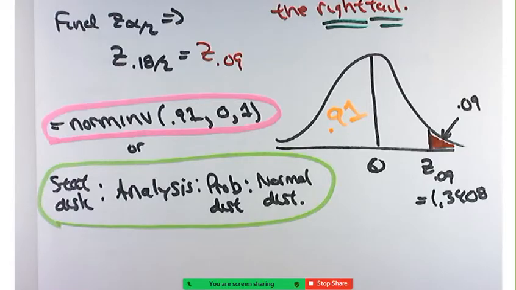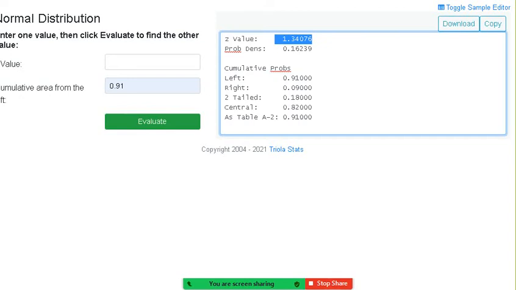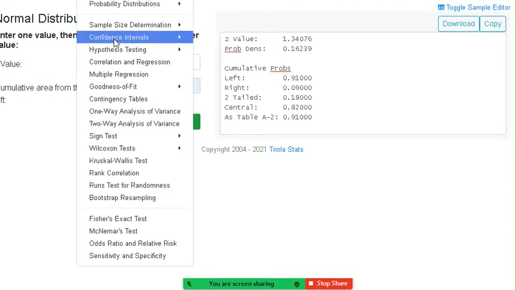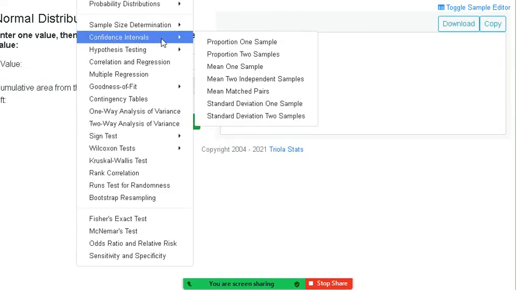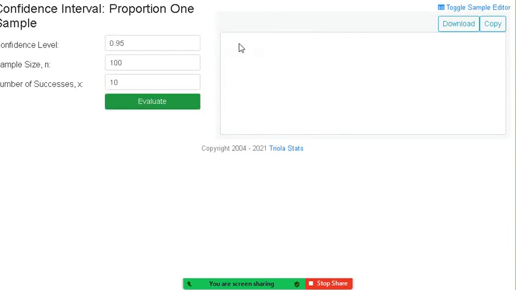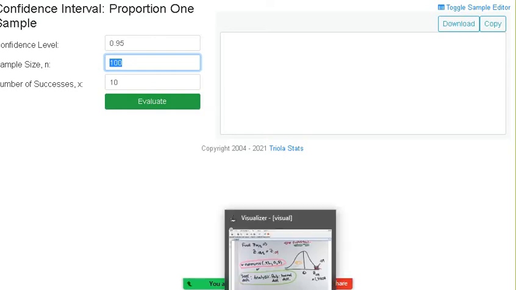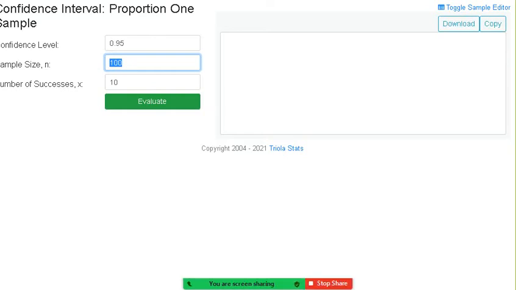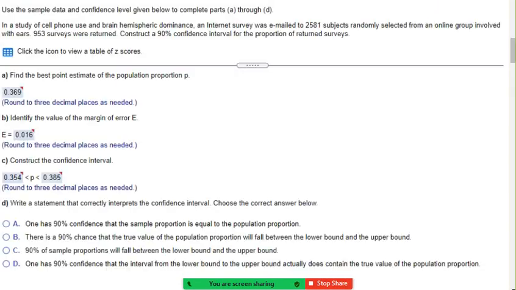So that I would suggest you do on StatDisk, analysis, confidence intervals, proportion, 1 sample. That's what that is. And then you type in your level of confidence, sample size, and number of successes, and go from there. And when you're done, make sure you practice saying your conclusion in words. Yeah, I'm going to move on to the next one.